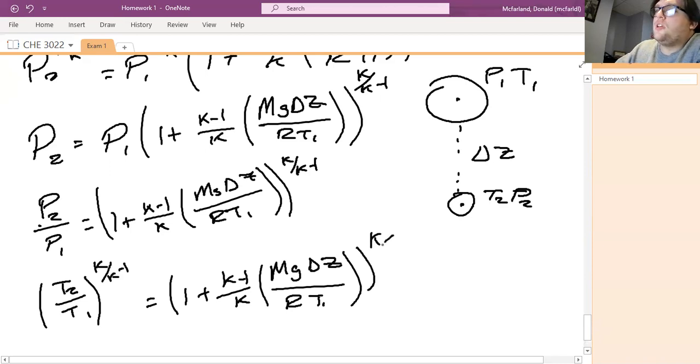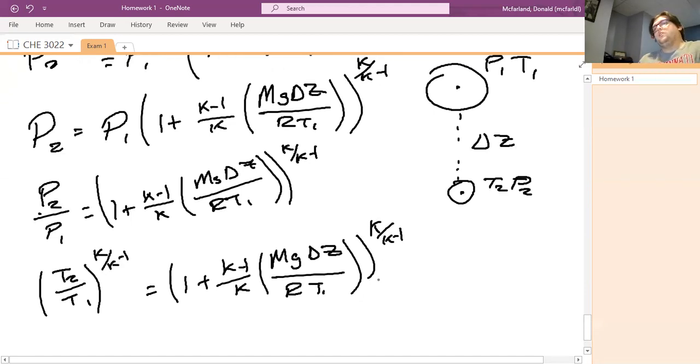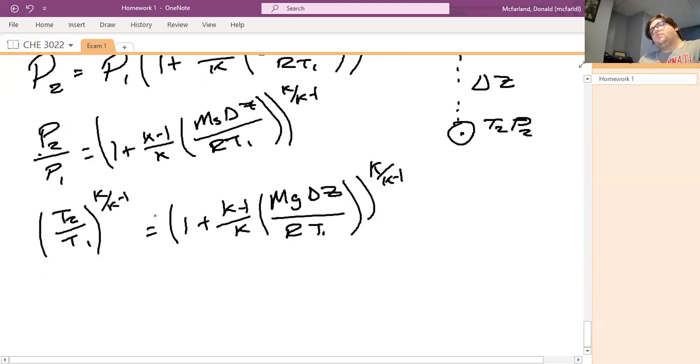All that raised to K over K minus 1. Now I'm going to do 2 steps in one. Since both of these exponents are the same, ditch them. And then after we ditch them, we can multiply by T1, giving us the following equation to solve for temperature after a change in depth.